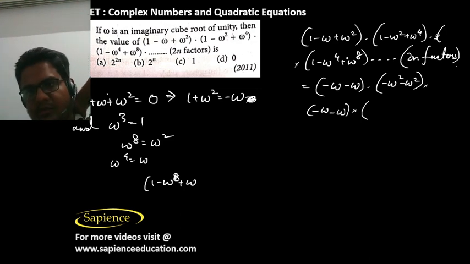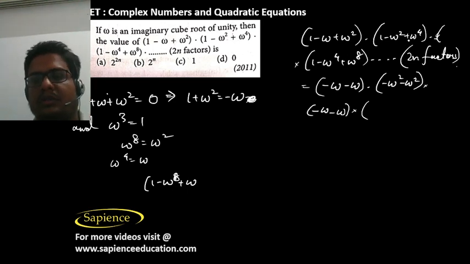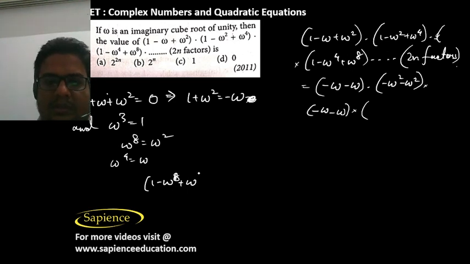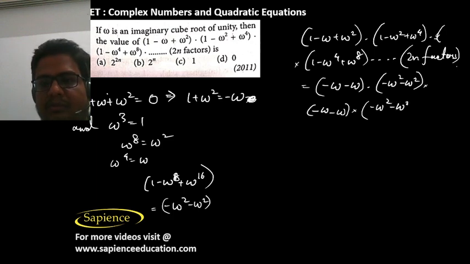And this will be 2 times 4, 4 times 8, 8 times 16. This will be equal to 1 plus omega power 16, that is 1 plus omega. So it is minus omega square. So this will be minus omega square.